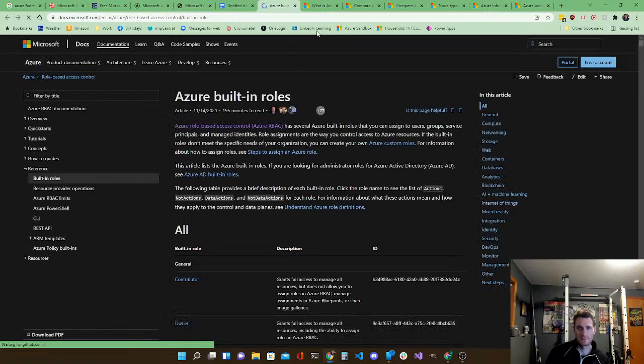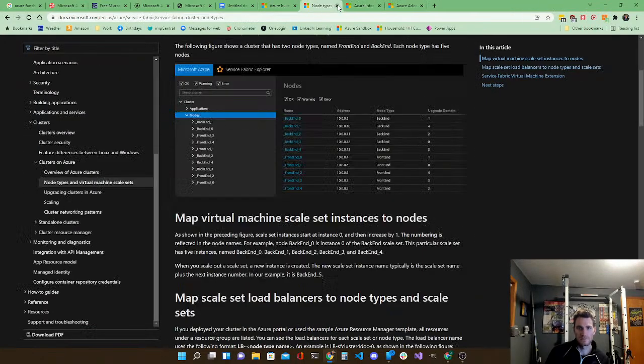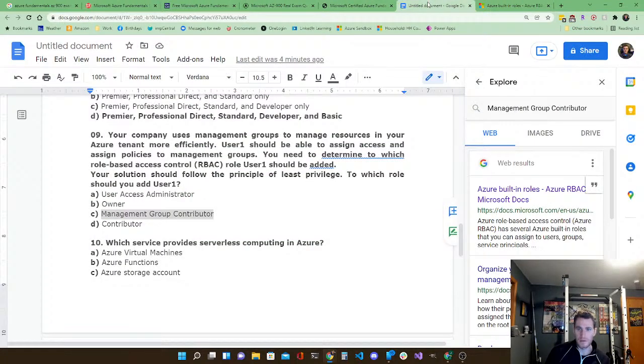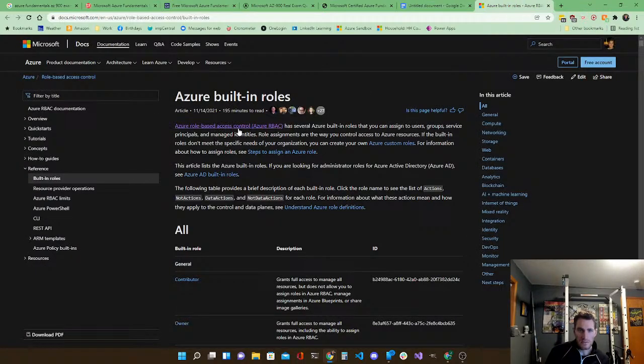Azure built-in roles. Sounds pretty good. Azure role-based access control has several Azure built-in roles that you can use to assign to users, groups, service principals, and managed identities. So yeah, those are like entity types.